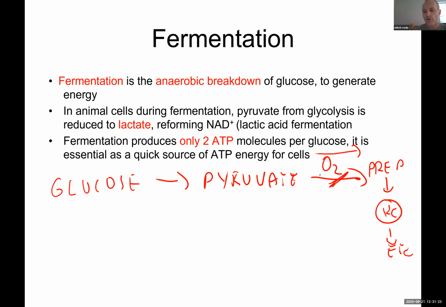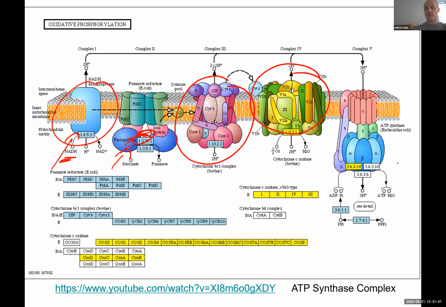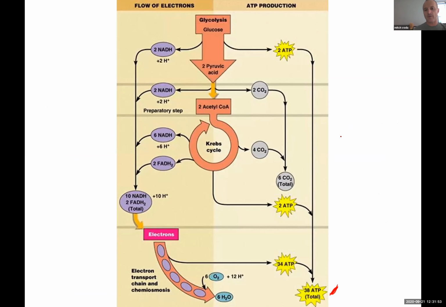If there is no oxygen, it's gonna move into fermentation, which is anaerobic, or it means there is no oxygen. So to move towards Krebs cycle, you require oxygen. And remember, the oxygen is required because on this step right here, to pick up the hydrogen to turn into water, to eliminate those hydrogen ions, which are toxic.